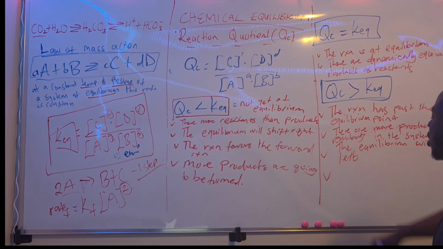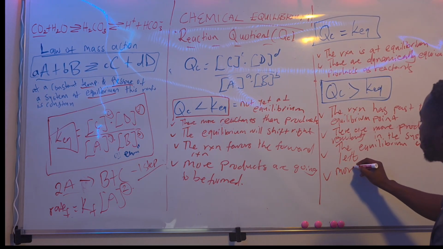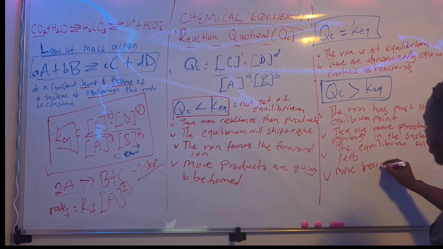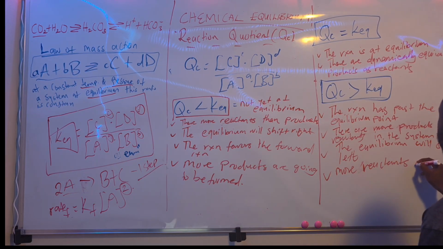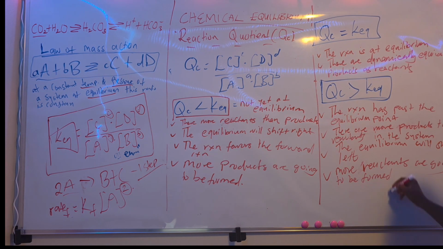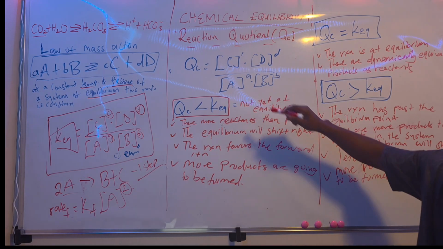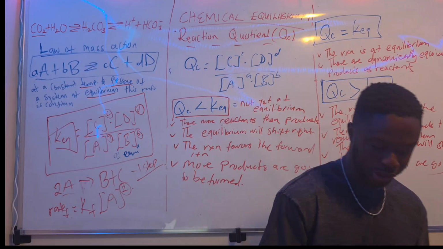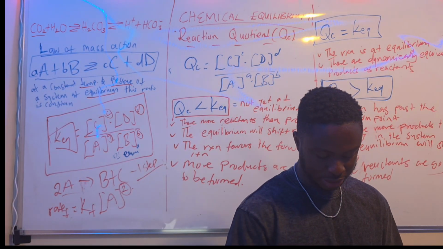Once the equilibrium shifts left, more reactants are going to be formed. So these are the things that we need to take into consideration when we calculate the equilibrium constant, the quotient of a reaction, the equilibrium quotient of a reaction.